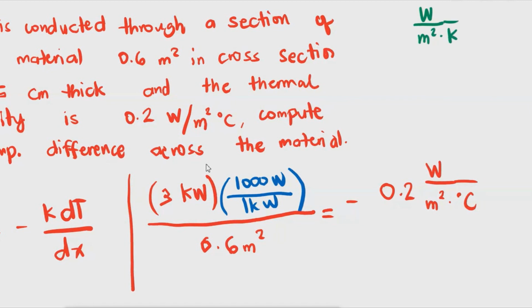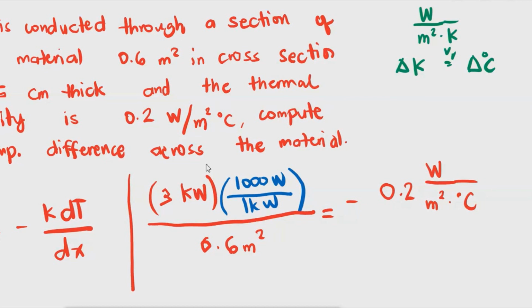So, remember, we're talking about the change here, the change in temperature in terms of Kelvin and Celsius. If we're talking about the change in Kelvin and a change in Celsius, they are just the same. That's why we can interchange these units. Okay, so with that, K, and then we have the temperature.